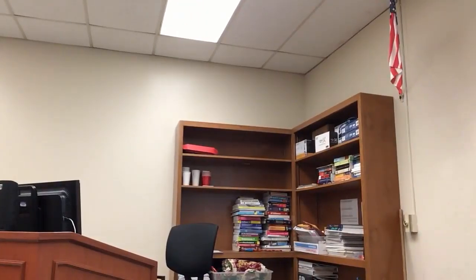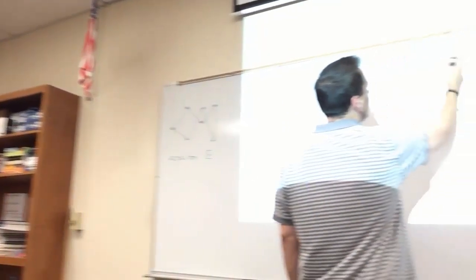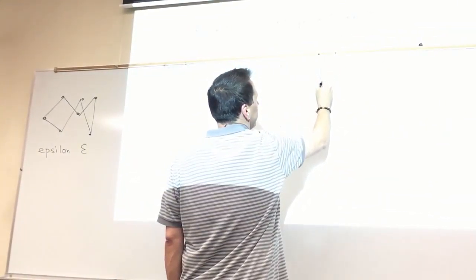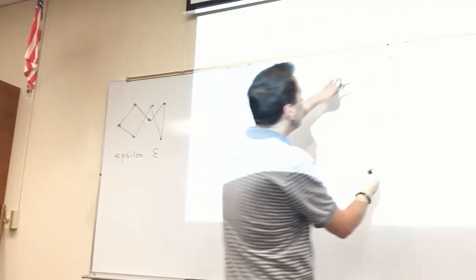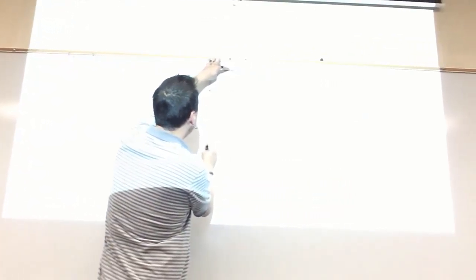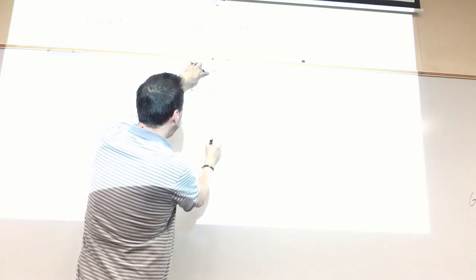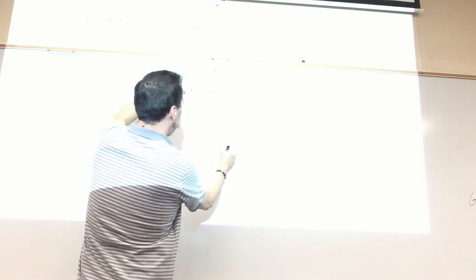So let's see, if we start at B, you could start at B and go B, C, D, B, A, D. That's an Euler path, right?